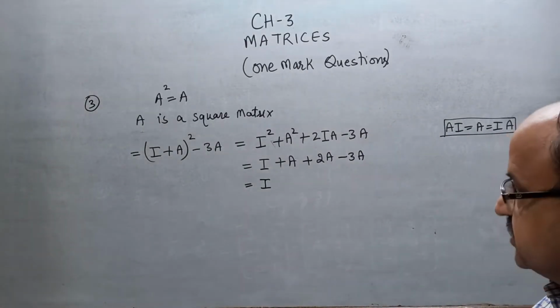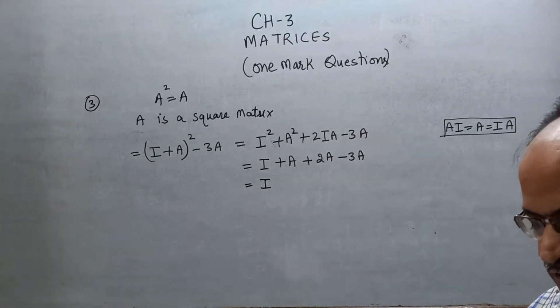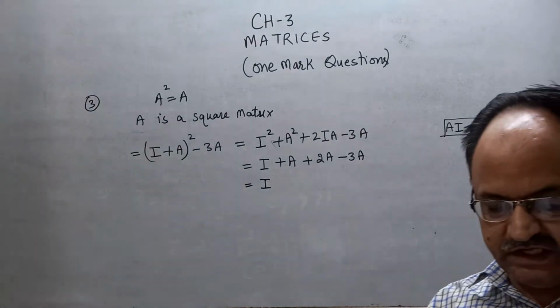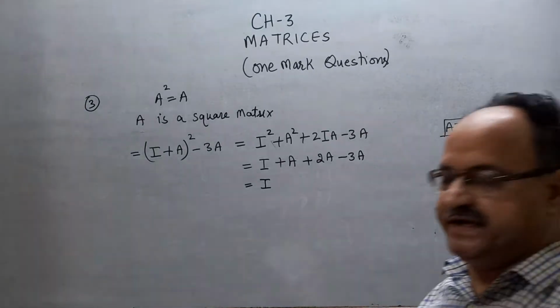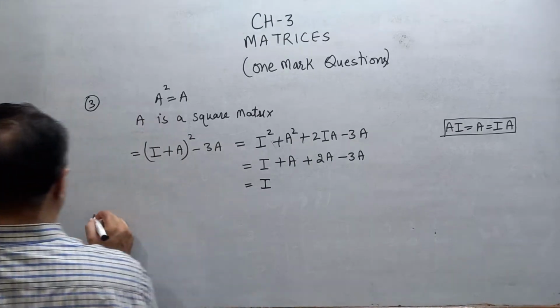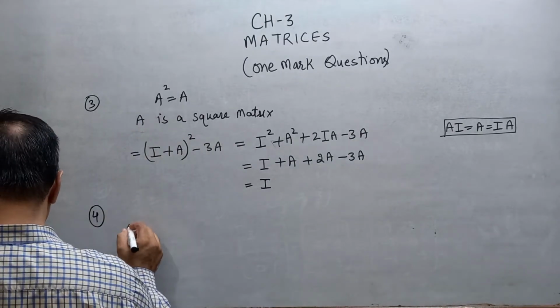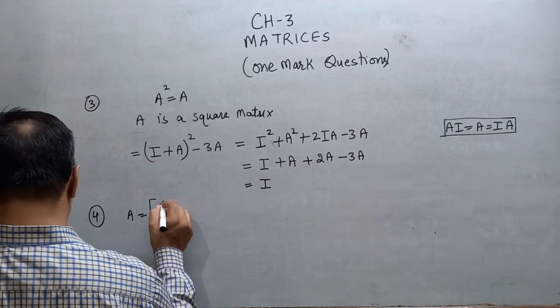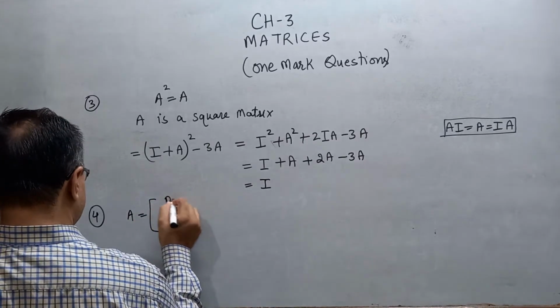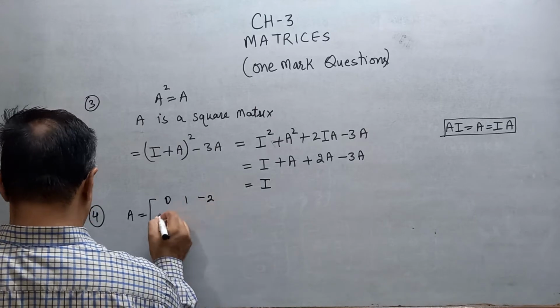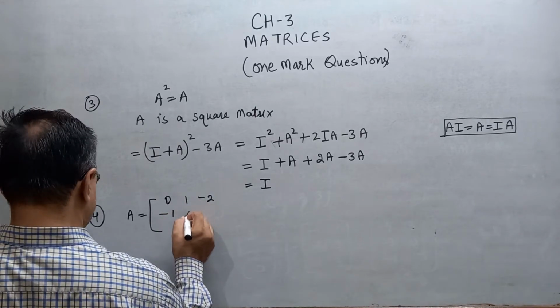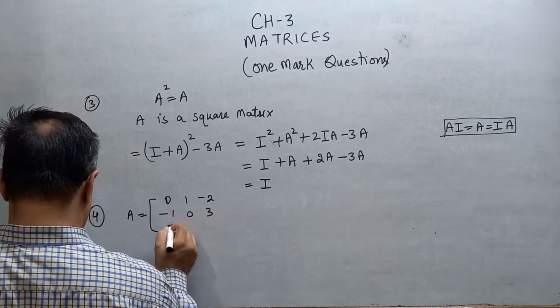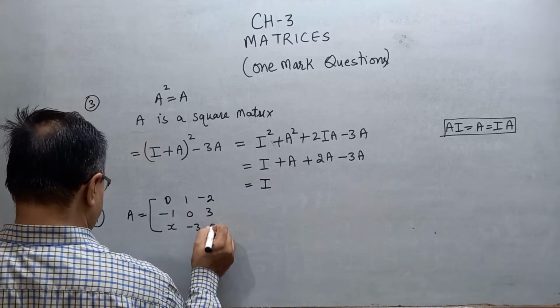This is question number 3. Fourth question: for what value of X is the matrix A skew symmetric? A is [0, 1, -2; -1, 0, 3; X, -3, 0].